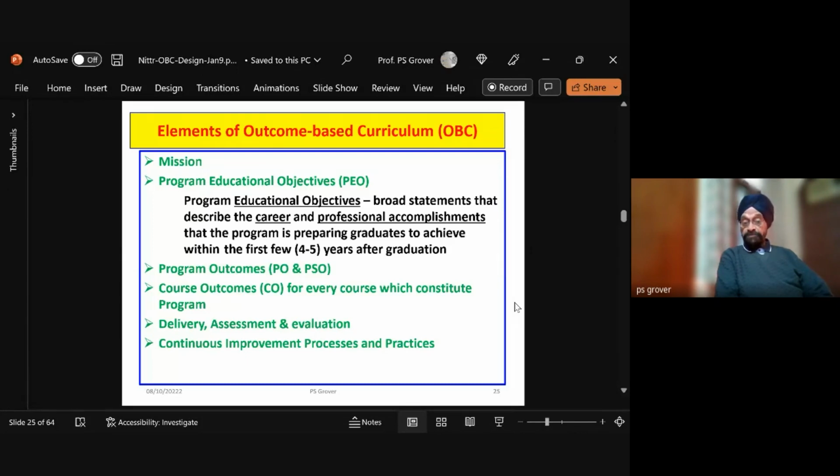Then you indicate what are the program outcomes, what are the student learning outcomes, what are the course outcomes, what are the delivery and assessment mechanisms, and continuous improvement. So these are the elements of outcome-based curriculum. So when I prepare my curriculum, I will have to meet these essentials. Only then I can say it's my OBC, outcome-based curriculum.